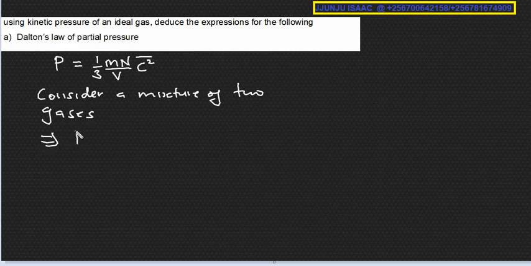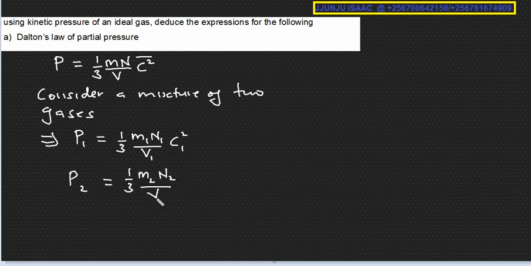This would mean that we have P1 equal to a third M1 N1 over V1 and C1 squared, and P2 will be equal to a third M2 N2 over V2 C2 squared. But note that in Dalton's law of partial pressure, V1 is equal to V2, so we shall call it V.